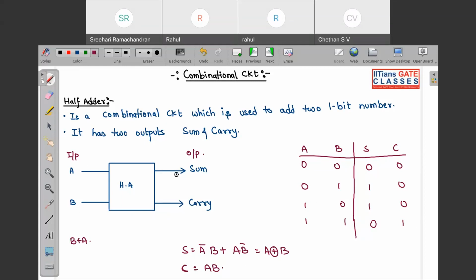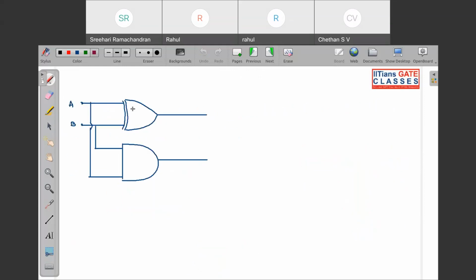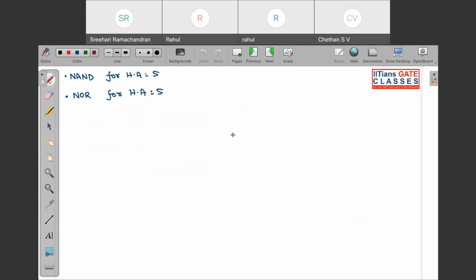So this is your circuit diagram for your half adder. You can see this will be A XOR B, which is your sum, and this is your carry, which is AB. So this is your circuit diagram for a half adder. I have directly written, I won't be drawing.